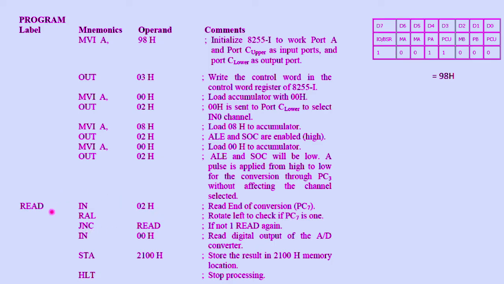And we have provided a conditional loop, jump if not carry, read. It means unless and until this PC7 bit becomes 1, it will go on jumping, because it is jump if not carry.